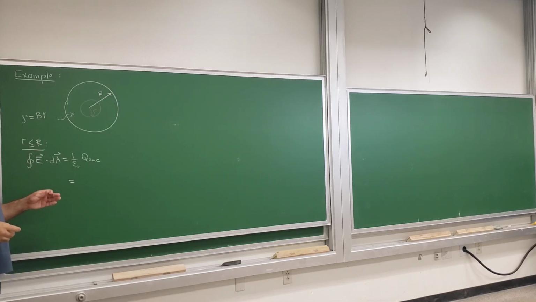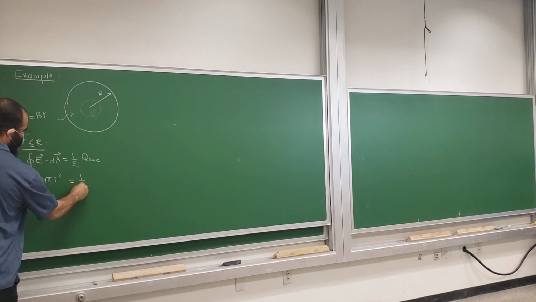So E dot dA becomes EA. What is the area here? 4 pi, little r or capital R? Little r, it's the Gaussian surface. It was 1 over epsilon naught.